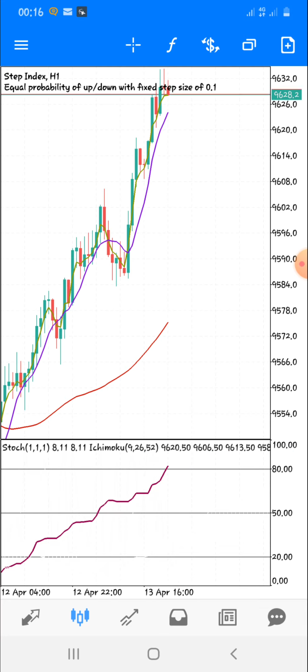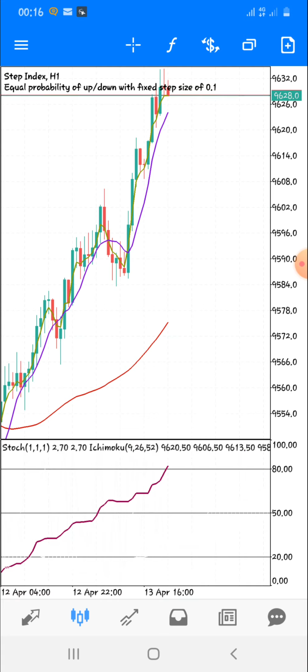Step index is the simplest among the indices, because it just moves in a single direction for a very long time.